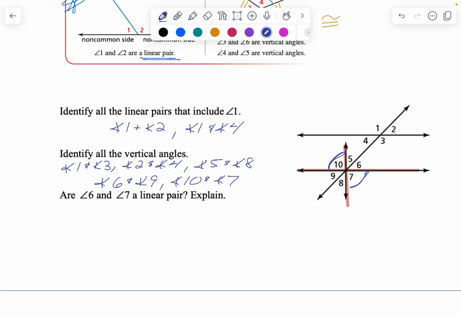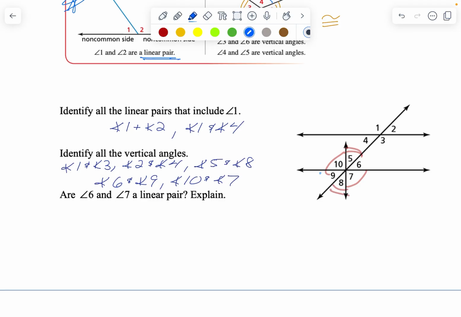If you look at this picture on the right, you can see these two have the same two sides and are across from each other on the x. These two have the same two sides and are across from each other on the x. And these two have the same two sides and are across from each other on the x. I think it helps to highlight, because sometimes with all those extra lines, it's a little bit difficult to notice.